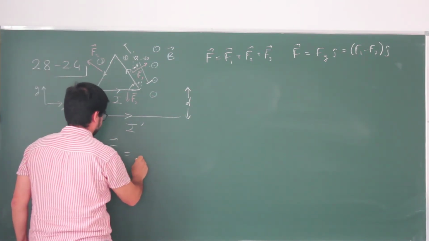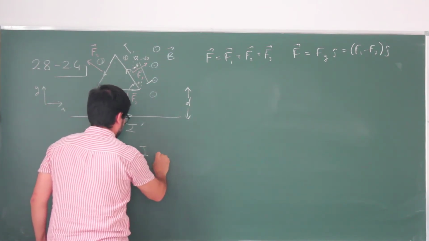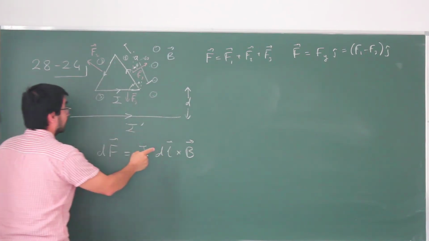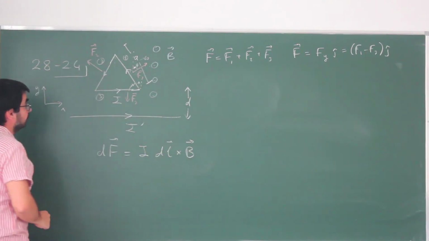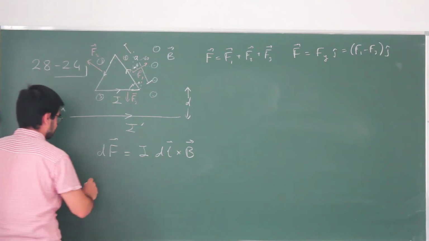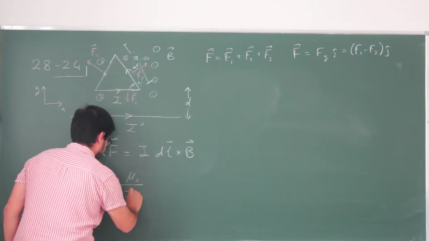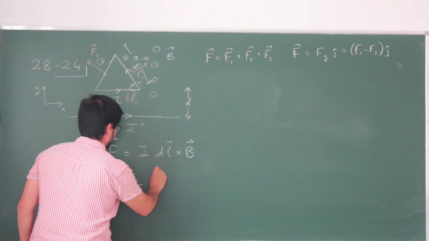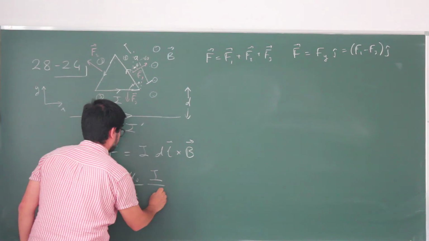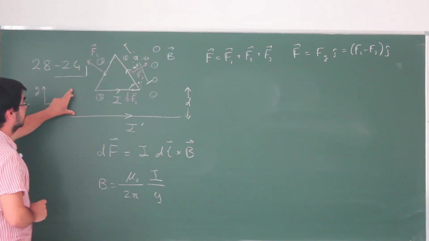So this is F = ∫ I dl × B, and this B is going to be the magnetic field that's produced by this infinite line of charge, and that B is of course going to be equal to μ₀/2π I over some distance. I'm going to call this y. So for B3, this is just going to be the distance d.